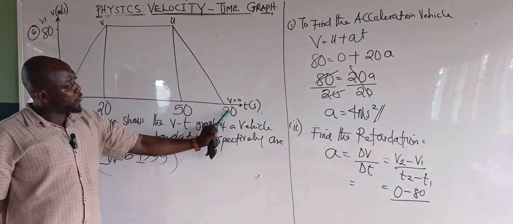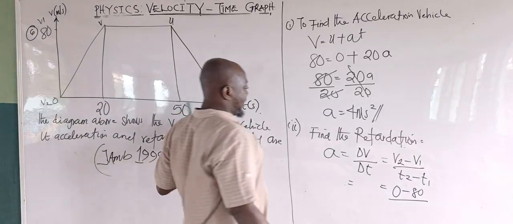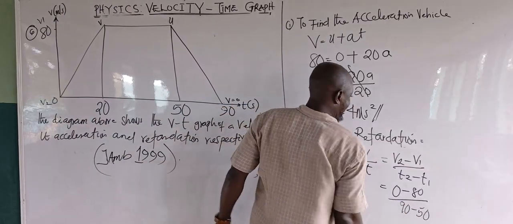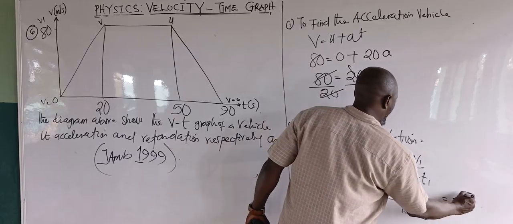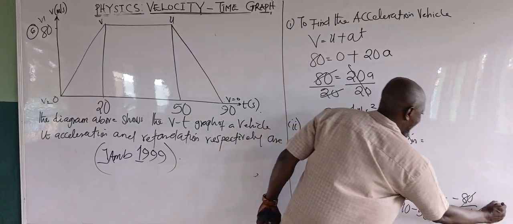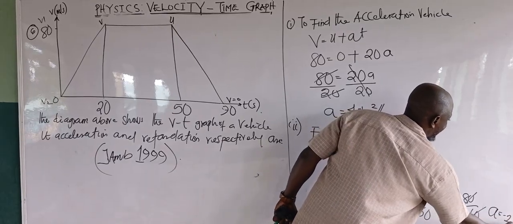This one minus this one, that's the total time. So this minus this will give us 90 minus 50. So I will have 80 divided by this. Do the math. I will have A to become minus 2 meters per second square.